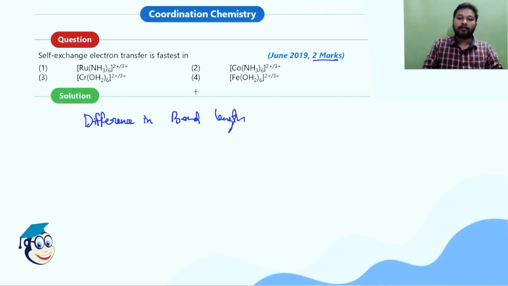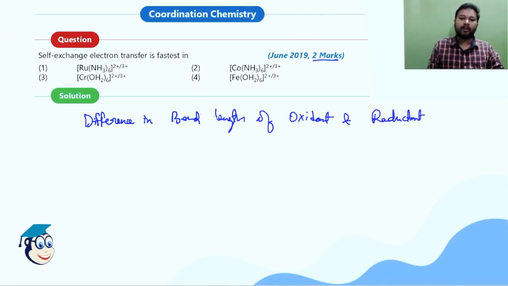The bond length of whom? The bond length of the oxidant and the reductant. The difference in bond length of oxidant and reductant should be minimum, or it should not be that much. That is something you have to keep in mind.